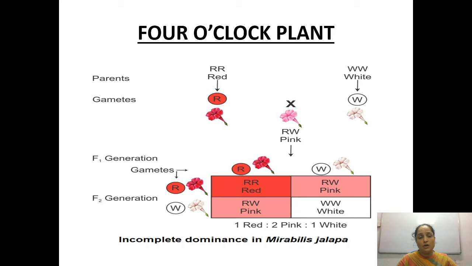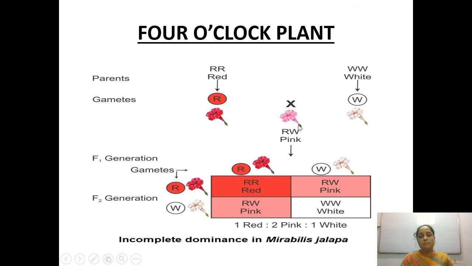This is an example of the four o'clock plant. It is also known as Mirabilis jalapa, and in this we have taken one parent having red flowers, another parent having white flowers. So the gametes we have taken are uppercase R, and here this is W. When you make a cross between these two, as per the law of dominance, the F1 generation should have red flowers, but this is not going to happen in case of incomplete dominance, because right now you are able to see the pink flower in between these two.